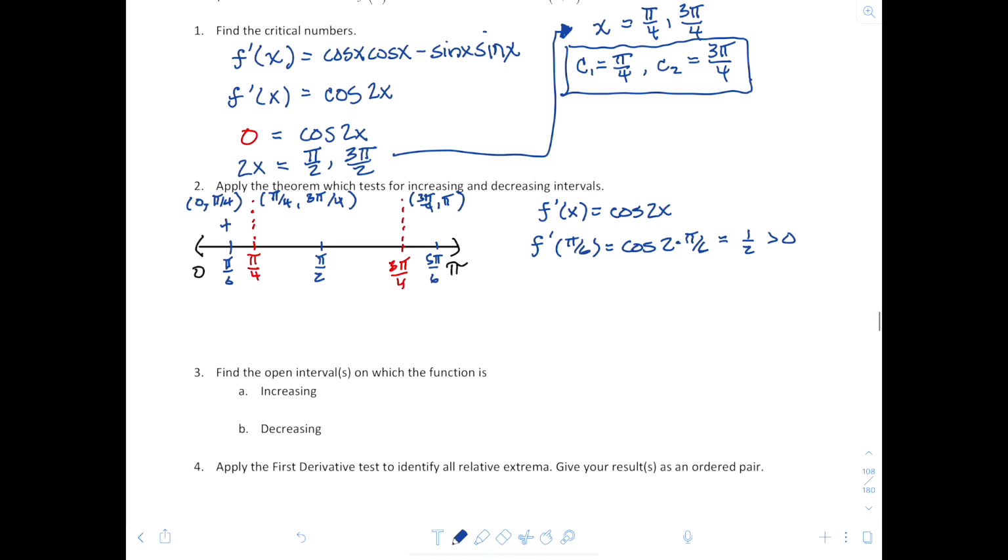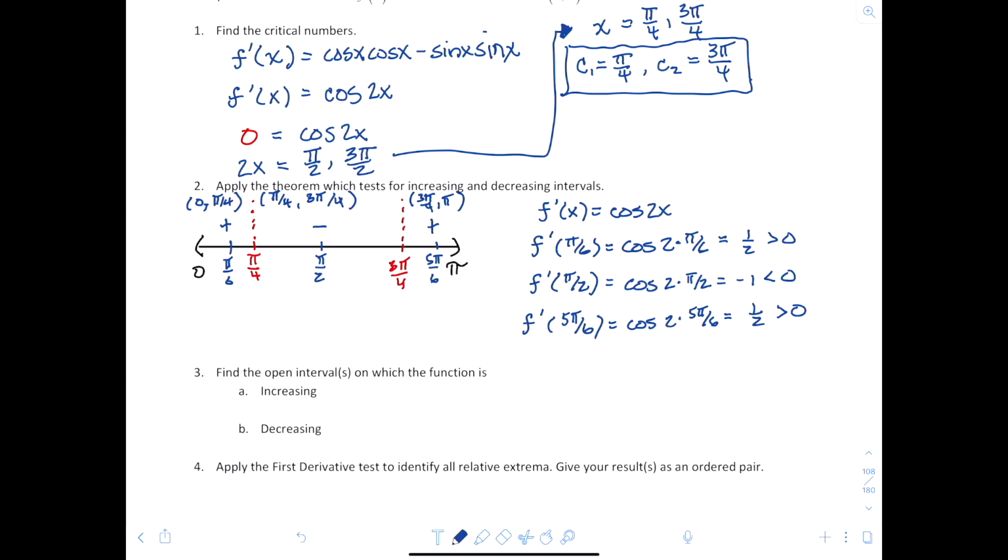And then f prime at pi over 2 will be cosine at 2 times pi over 2, which is cosine pi, which is -1, which is less than 0. So for our third interval, we have f prime at 5 pi over 6, which will be cosine at 2 times 5 pi over 6, which is cosine at 5 pi over 3, which is again positive a half, which is greater than 0.